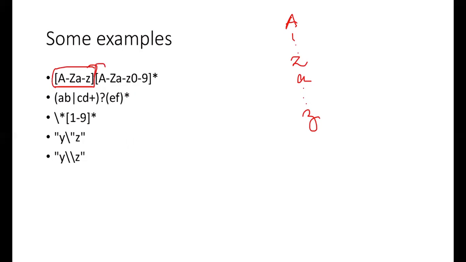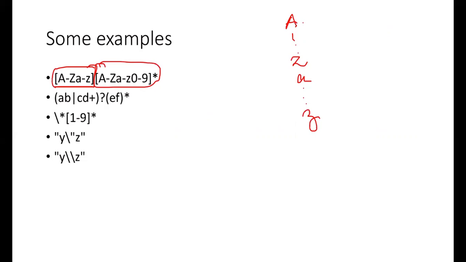Now this second part is also using the character set, the square brackets, and it is also representing a range: capital A to Z, small a to z, 0 to 9. So after this I can have a small letter, a capital letter, or a digit from 0 to 9. How many times is this repeated? This is repeated 0 or more times.